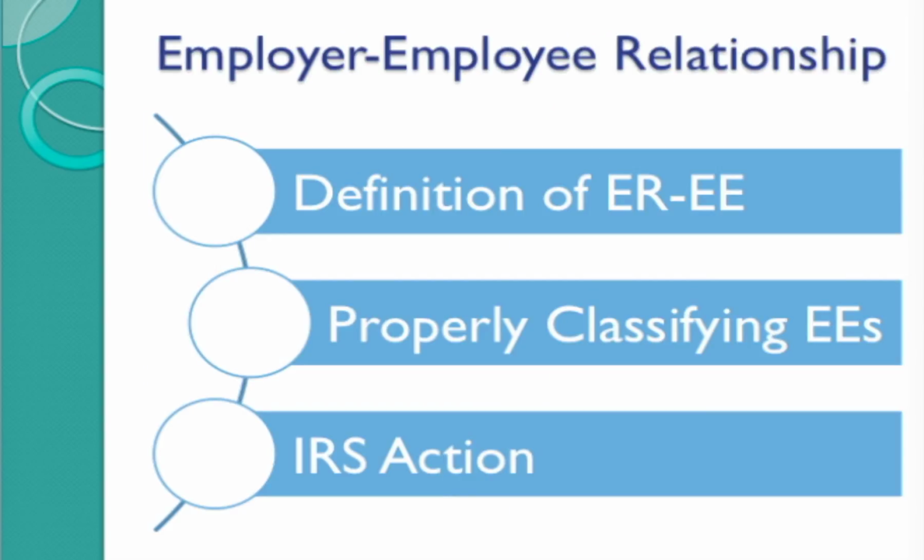We also need to determine the actual relationship that exists between an employer and an employee. This is where you're determining whether an employee is actually an employee or is an independent contractor. There are different tax rules that apply based on which it is.